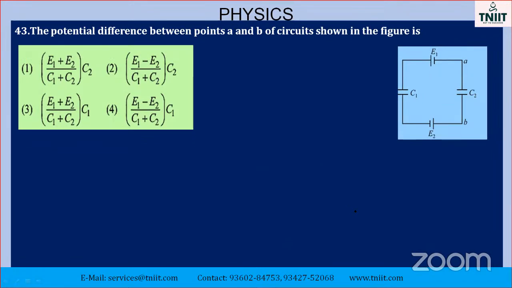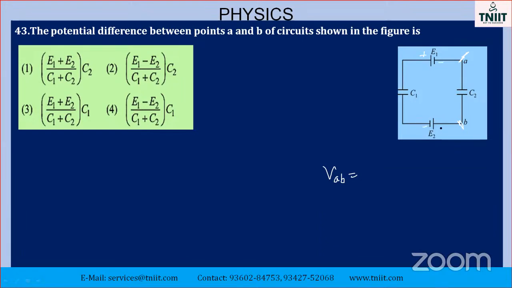Look at this. What is the potential difference between A and B? Now, you have to do the smart work here. Potential difference between A and B is asking how these two cells are connected. Positive is connected to a negative.